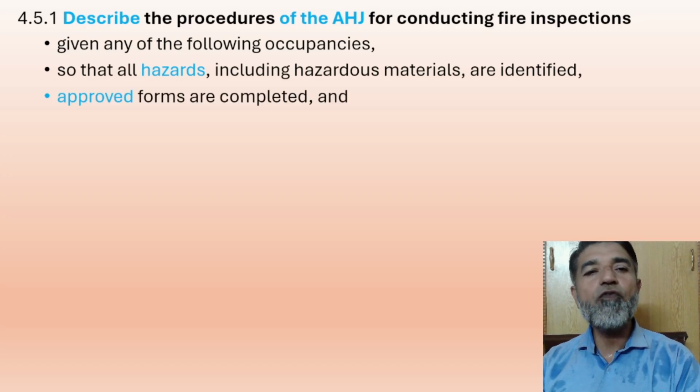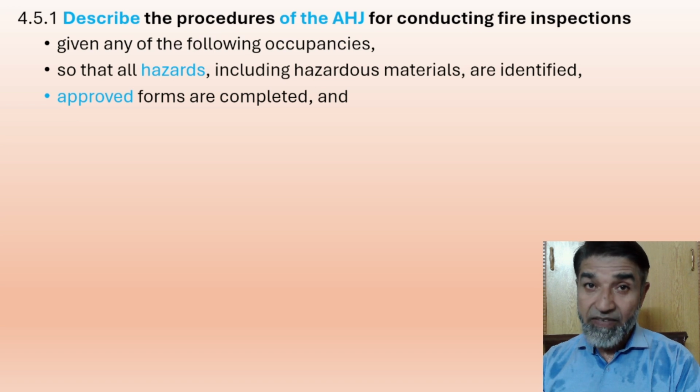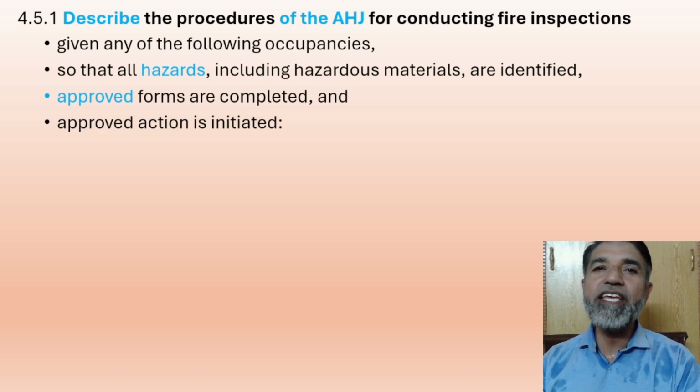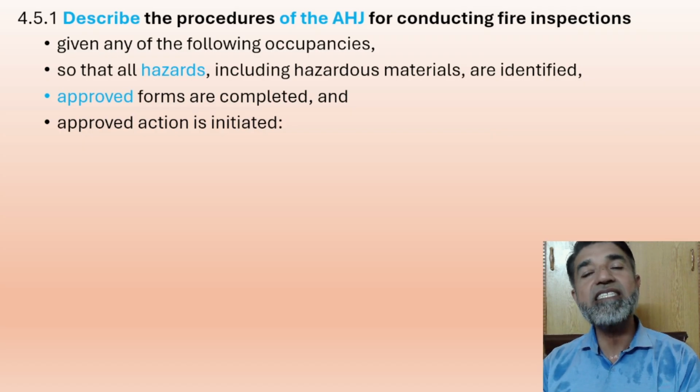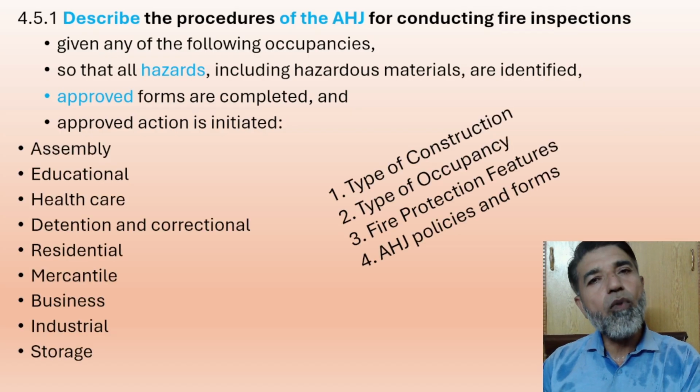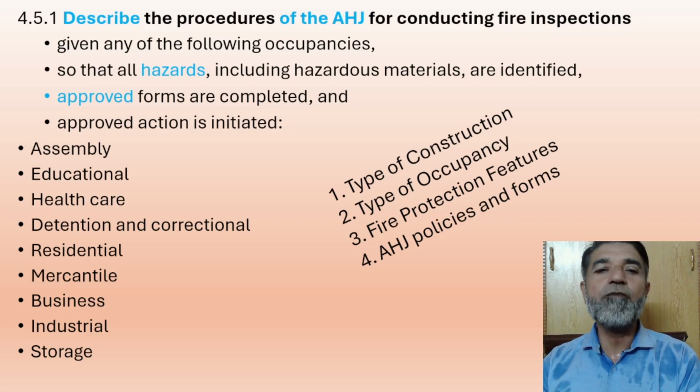And approved forms are completed. He will complete that, he will fill those forms, but they are already approved, and approved actions are initiated. More knowledge the fire officer must have, like types of construction and types of occupancies, fire protection features, fire protection systems, and AHJ procedures and forms.